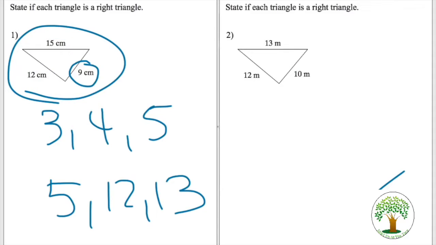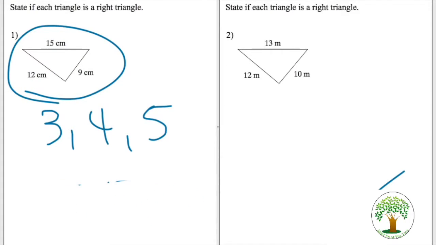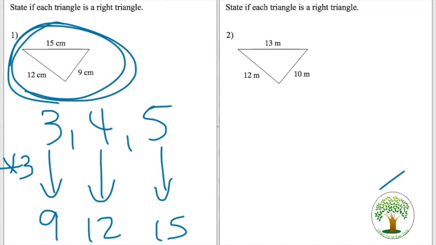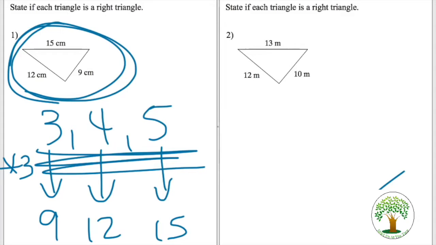But if I took the 3, 4, 5 and multiplied by 3, I would get 9. Multiply that by 3, I'd get 12. And multiply that by 3, I'd get 15. So yes, this is a right triangle because it is a Pythagorean triple. Those Pythagorean triples are very powerful. If you know them, you can jump to the answer without having to do the Pythagorean theorem.